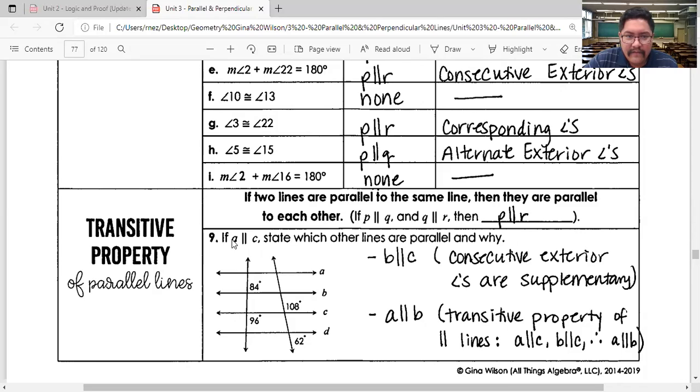So if A is parallel to C, so here we have A and C are parallel, state which other lines would be parallel and why. So A and C here and here. All right, so we know they're parallel, that's a given.